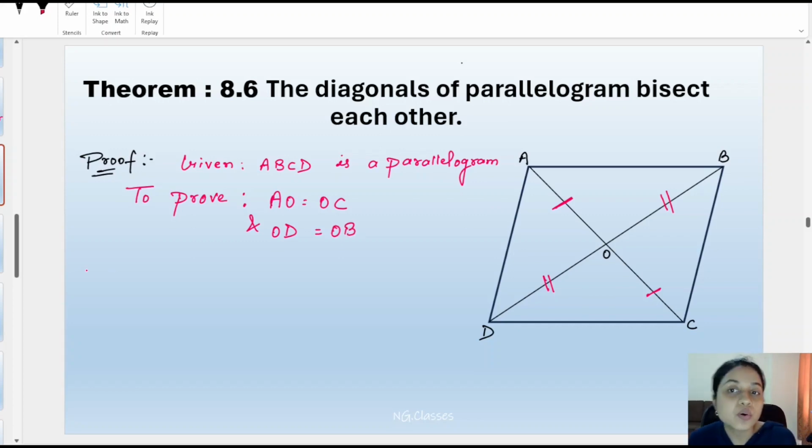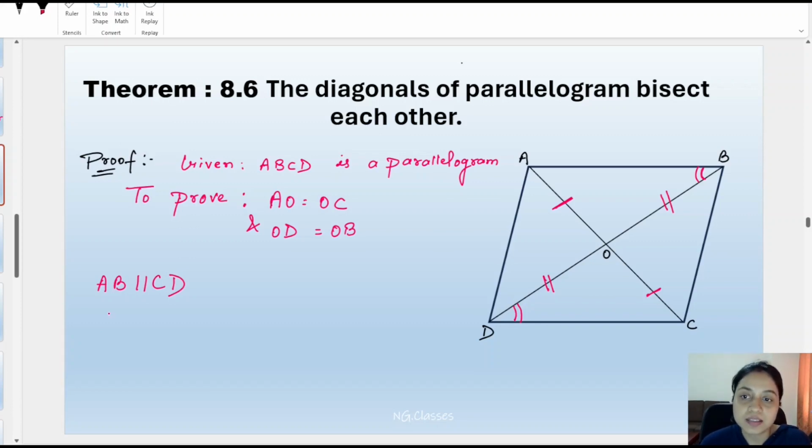Now, since we know it's a parallelogram ABCD, AB must be parallel to CD. And since AB is parallel to CD and the diagonal BD works as a transversal, can we say that angle ABO must be equal to angle ODC? Because these two are a pair of alternate interior angles, right?